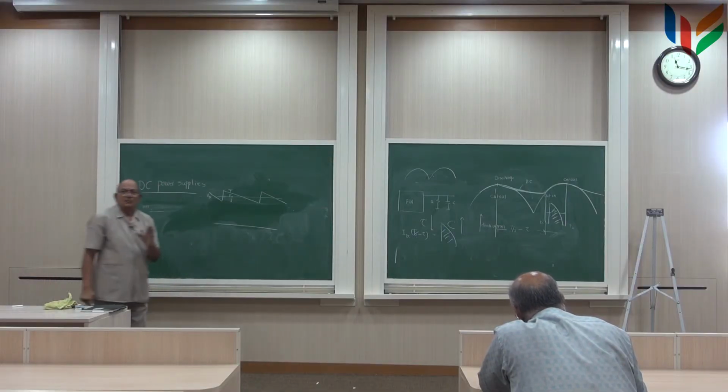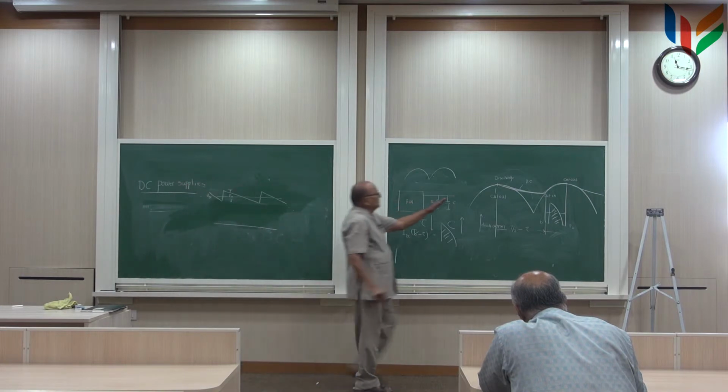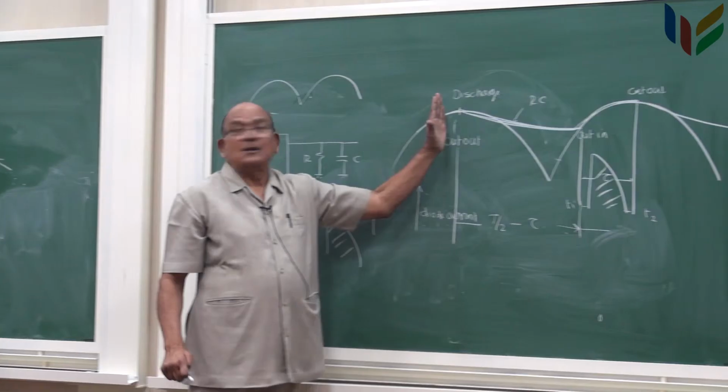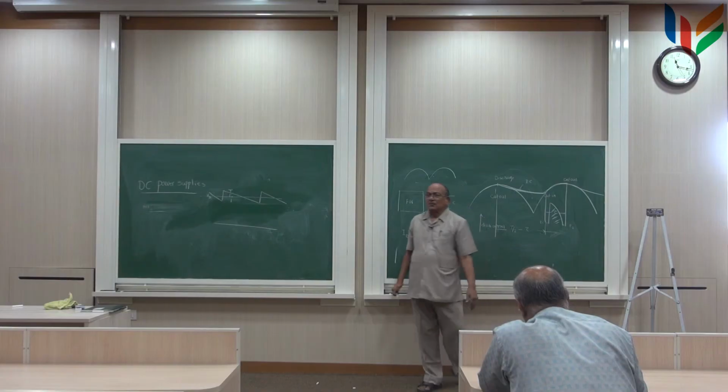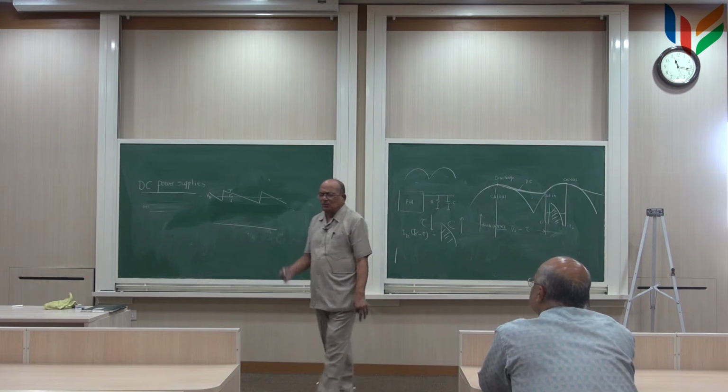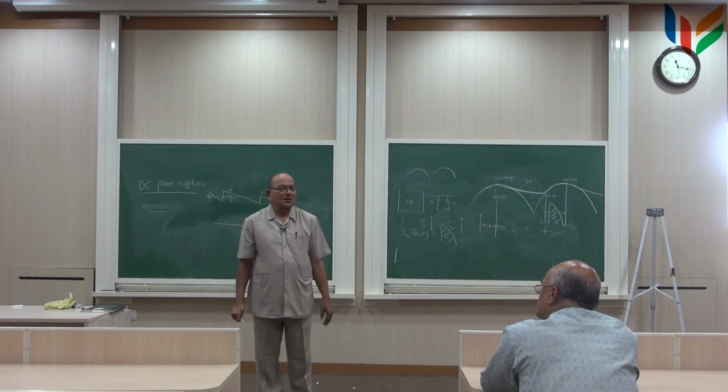What am I doing? I am assuming that this exponential curve is a straight line and this one is a straight line. So I make a very crude approximation, but a good enough approximation for our analysis.